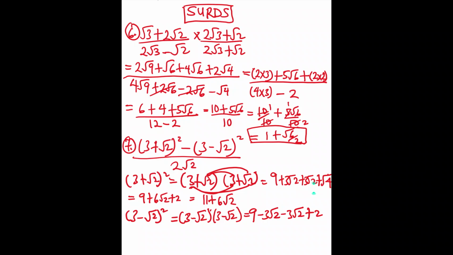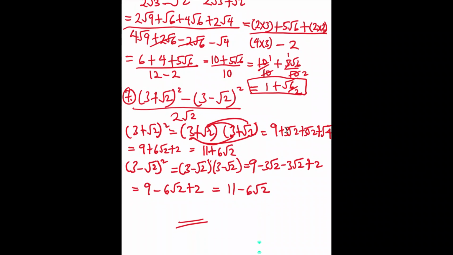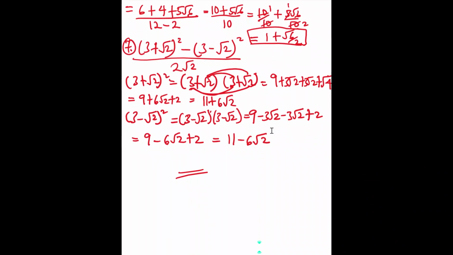No, plus root 4. But let's just say plus 2. Let's not stress ourselves. Okay, so that will be 9 minus 3 root 2 minus 3 root 2, which will give us minus 6 root 2, plus 2, which will eventually give us 11 minus 6 root 2.